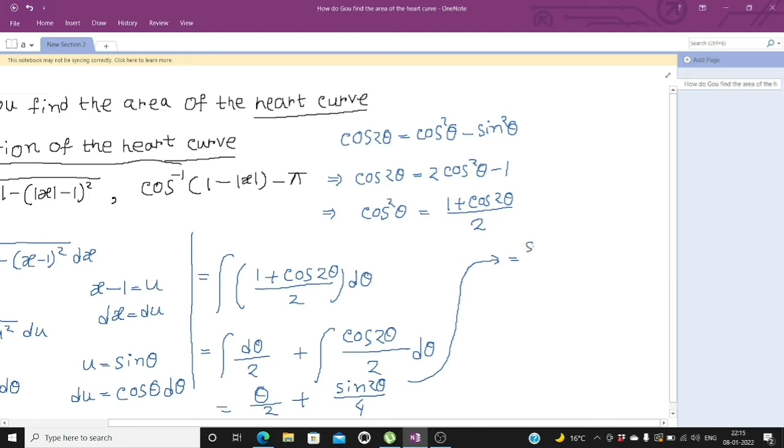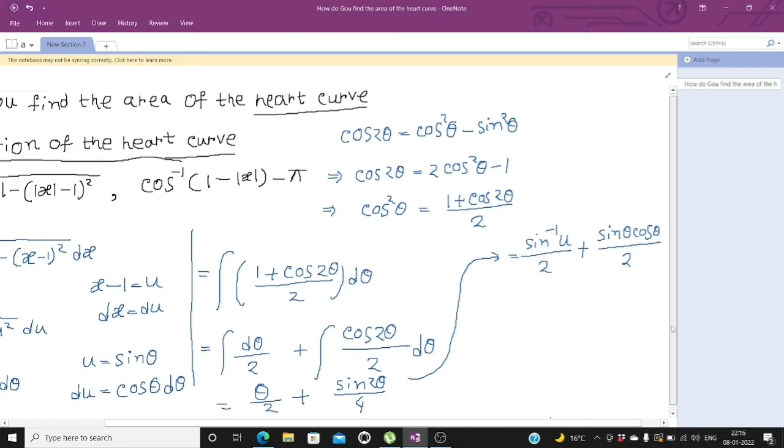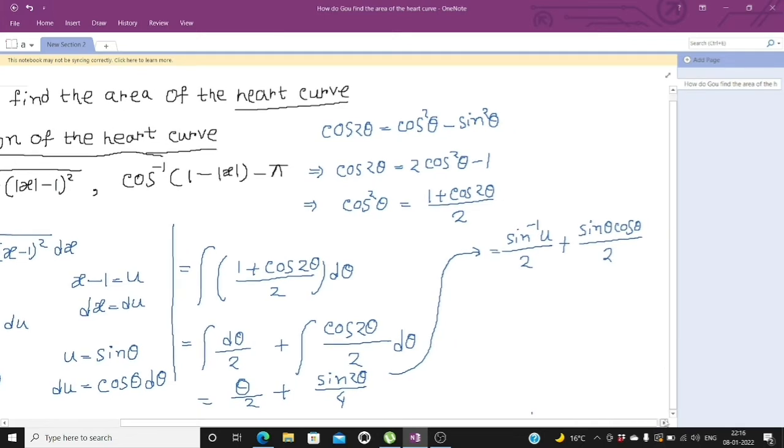So we can write it as sine inverse u divided by 2 plus, now expanding sine 2 theta, it results as 2 sine theta cos theta divided by 4. Then the 2 cancels out and it results as sine theta cos theta divided by 2. Okay, this is our result.